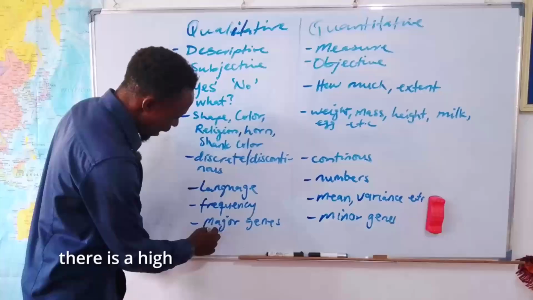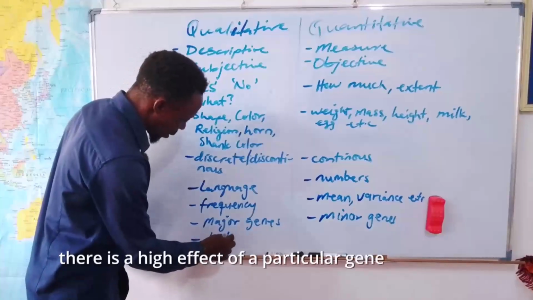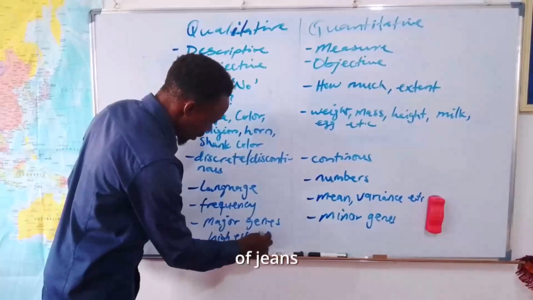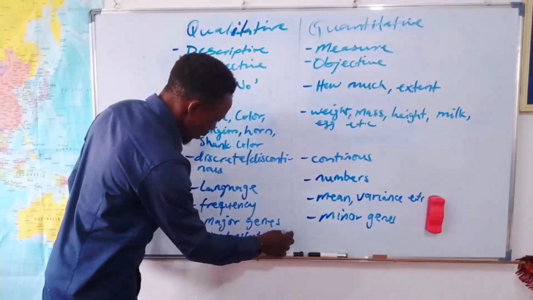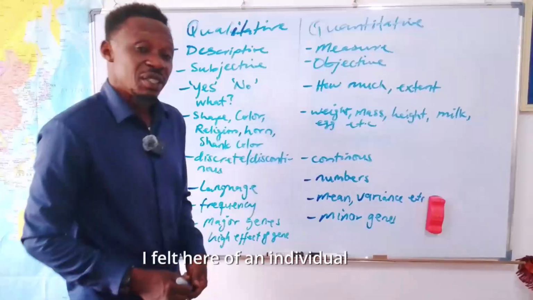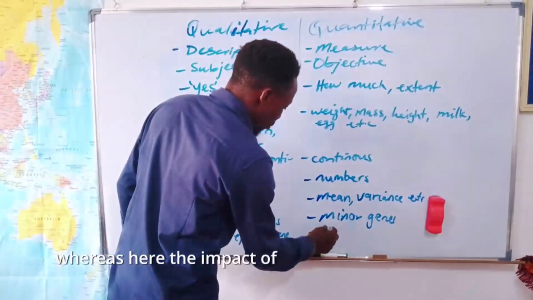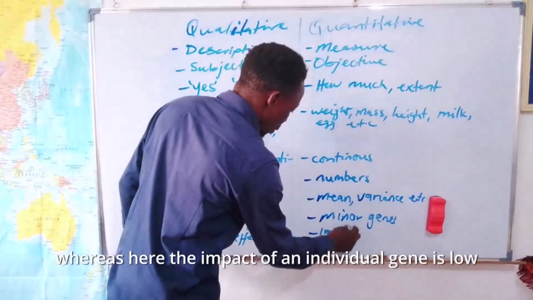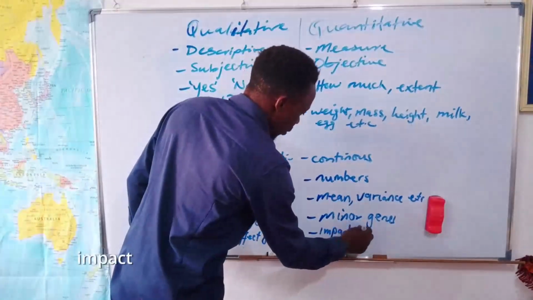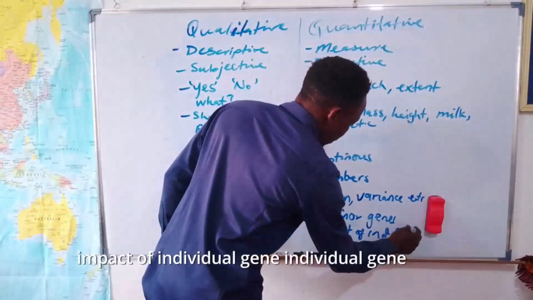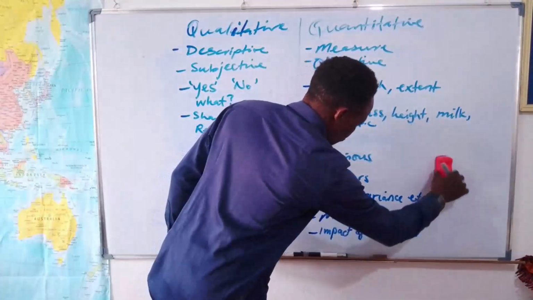There is a high effect of a particular gene, high effect of genes are felt here, of an individual gene. Whereas here, the impact of an individual gene is low.